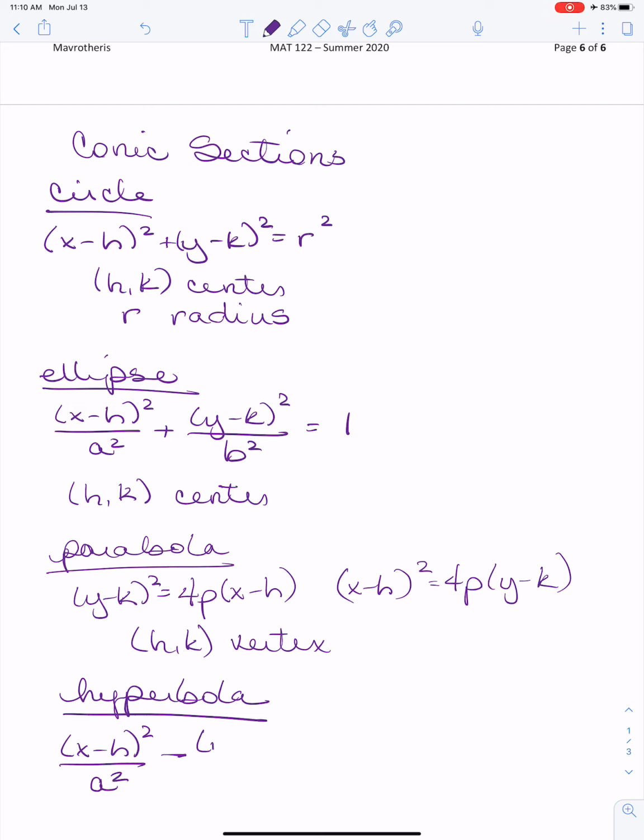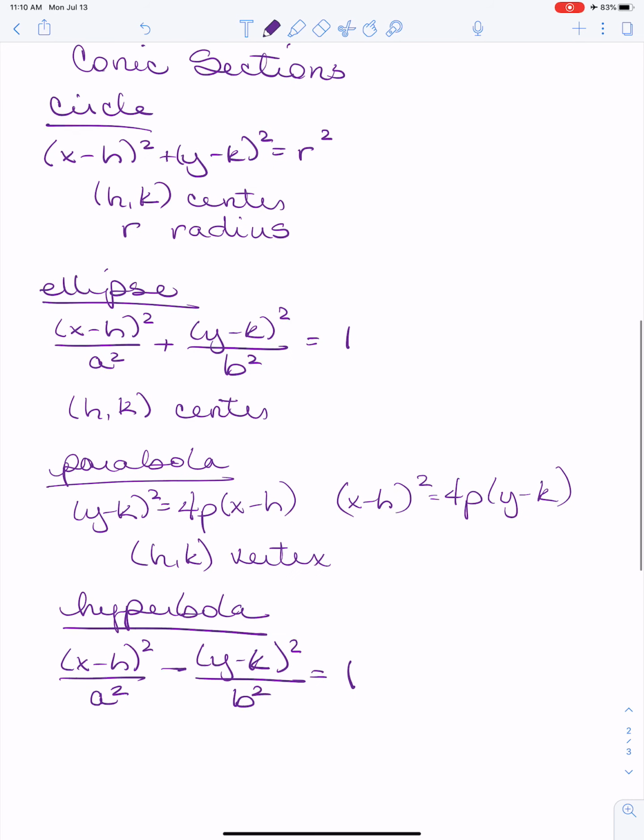Which looks like the equation for an ellipse with a minus in the middle instead of a plus. Again, we have our center at (h, k). A lot of texts will write this two different ways.